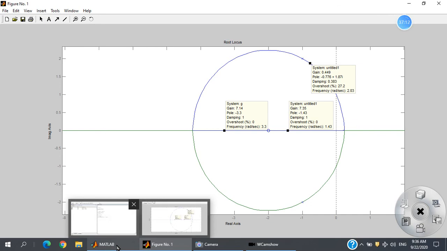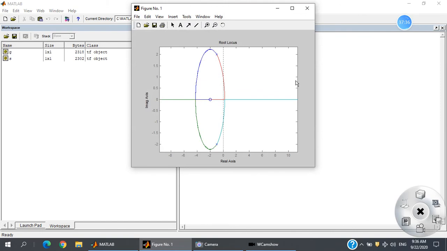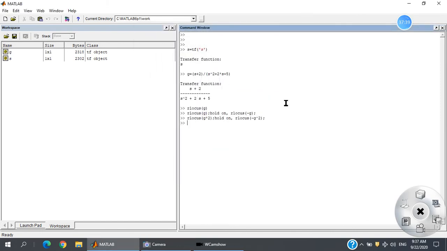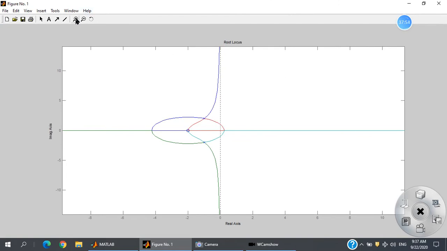The multiplicity is 1, and we can try the square of it. Let me close these, and we use the square of it. Okay, now it looks like this. Make it larger.